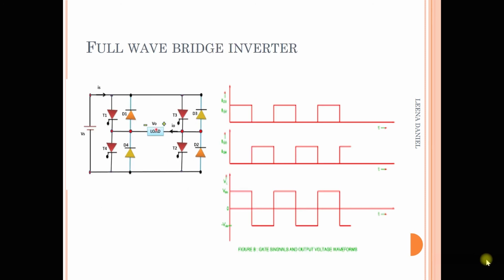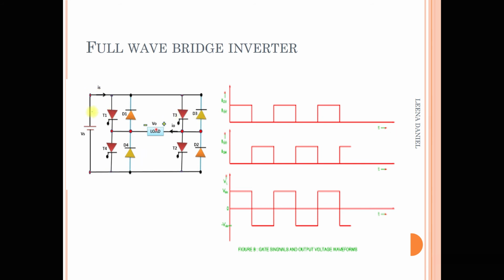Here we use four thyristors and four feedback diodes, and at a time we will trigger two thyristors. For creating the positive half we trigger T1 and T2, and for creating the negative half we trigger T3 and T4.